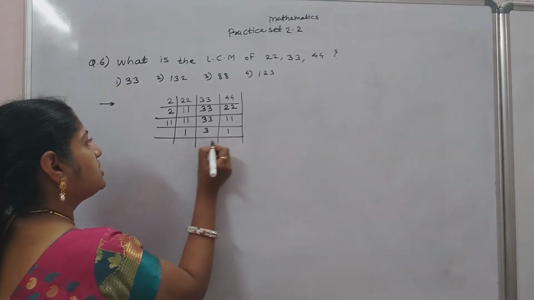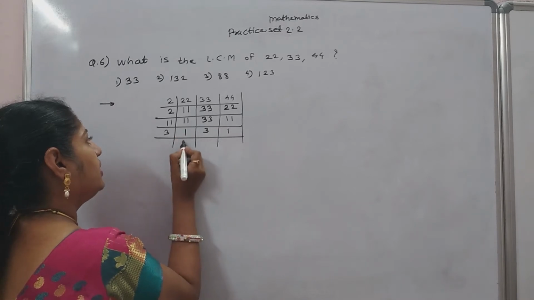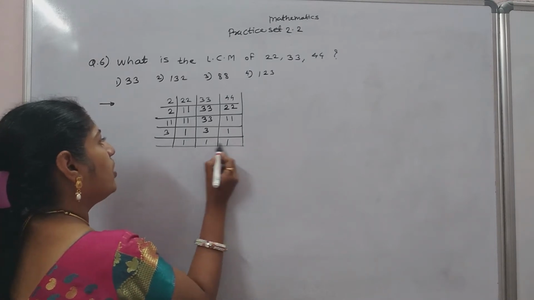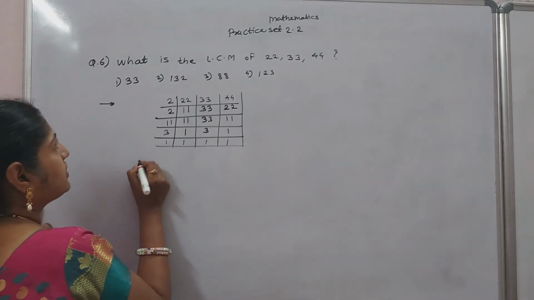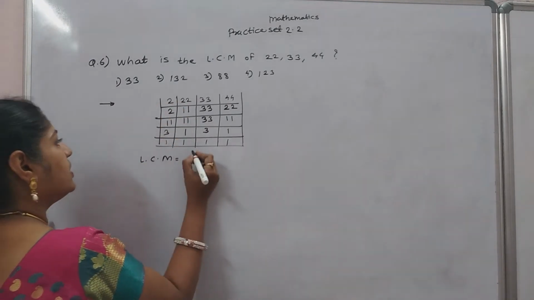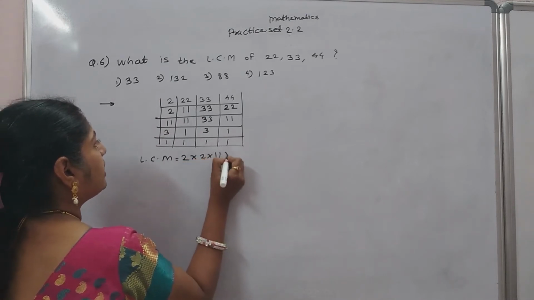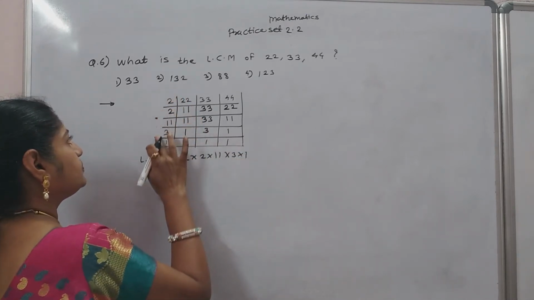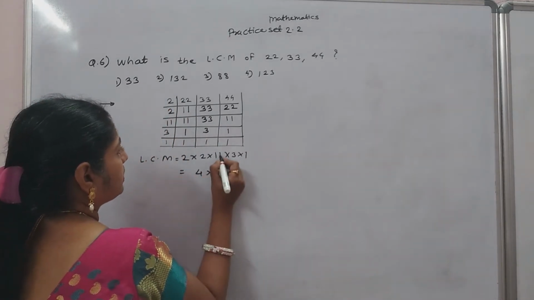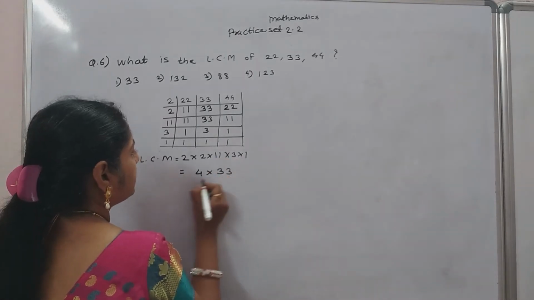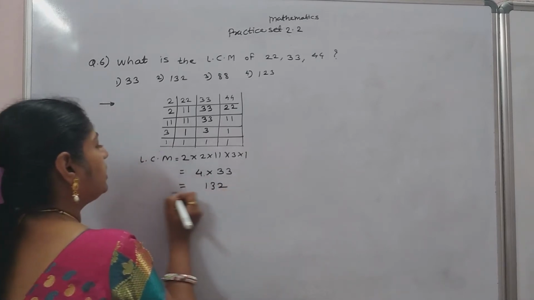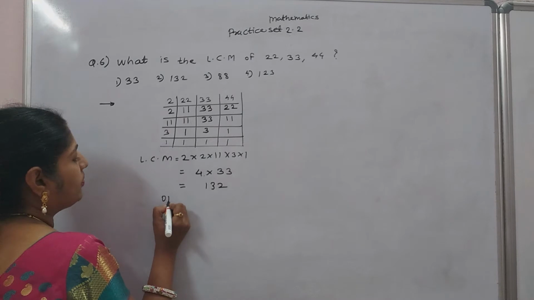Now this number is divisible by 3. Write down 1, 1 and 1. Complete this until we get 1, 1, 1, 1. So LCM equals the multiplication of all these numbers, 2 into 2 into 11 into 3 into 1. 2 into 2 is 4, 11 into 3 into 1 is 33, and 4 3s are 12, 4 3s 12 plus 1 1 is 13, that is 132. Option number 2.